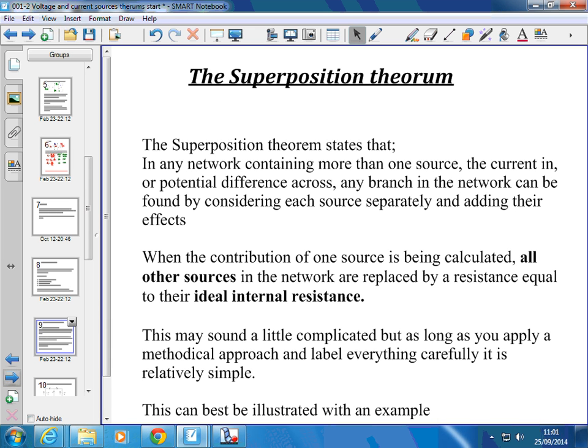When we consider E1, we take out E2 and replace it with its ideal internal resistance, which is a short circuit for a voltage source. We then calculate all the currents, voltages, etc. We then do the same for the other source or sources, and when we've got all the results, we add all the individual currents and voltages together to get the overall.